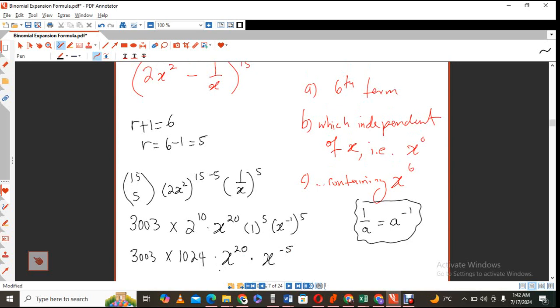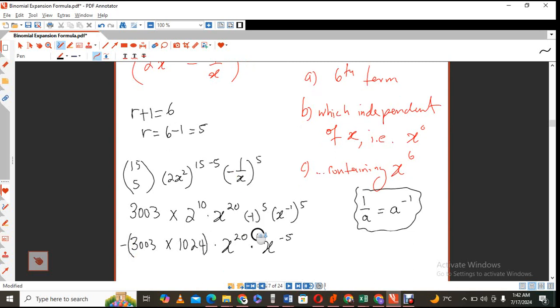I think we made a small mistake here. We haven't realized that that is a negative term, so this is negative over here and this is negative over there. So -1 raised to the power of 5 is essentially going to make this constant, whatever it is, a negative number, because -1 raised to an odd power is negative.